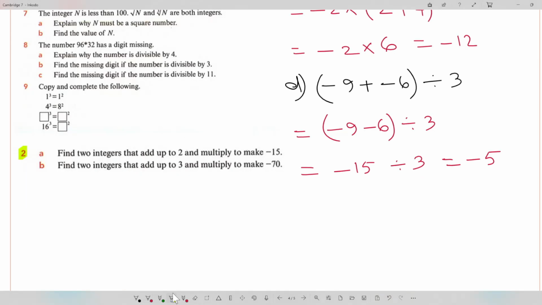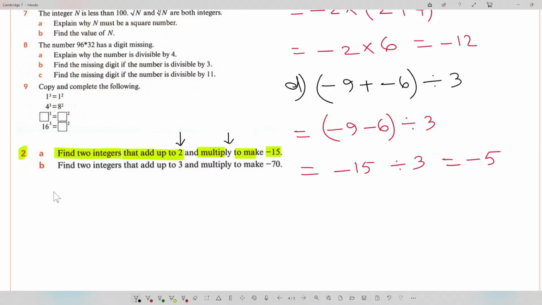Number 2, a very important question. Find two integers that add up to 2 and multiply to make minus 15. So what does it mean? It means we have to find two numbers. Once we add, we will get 2, and once we multiply, we will get minus 15.